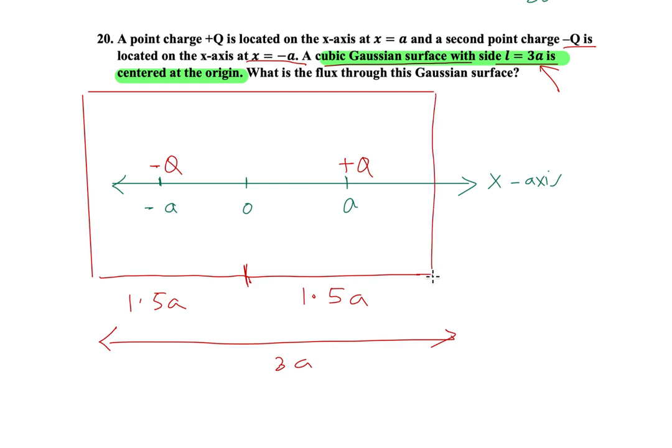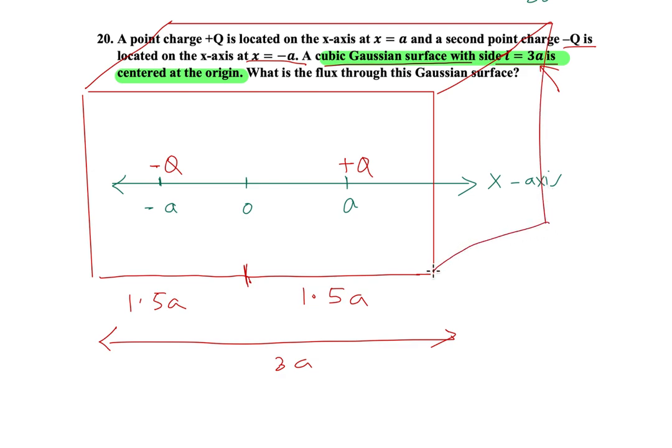This is how the cube would be. Let me try to make it proper. That's how the cube would look. The idea is, when you center the cube at the origin, half of the cube is on one side, half of the cube is on the other side.